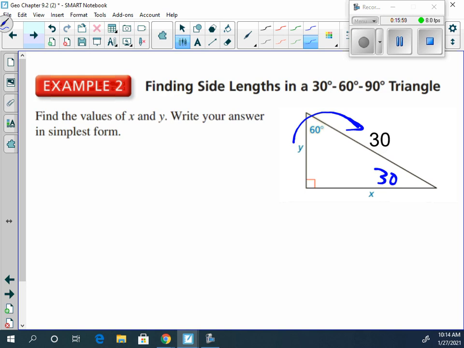Now, if I want to go from the hypotenuse back to the shortest side, we don't multiply by 2, we do what? We divide by 2. Because to find the shortest side length, we're going to take 30 and divide it by 2, which will tell us the shortest side length is what?